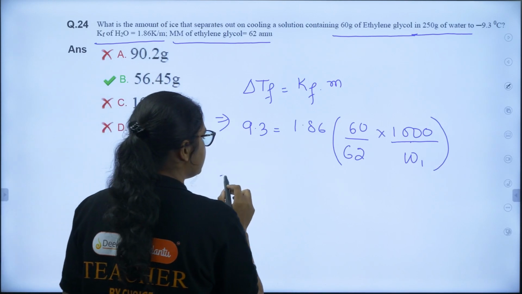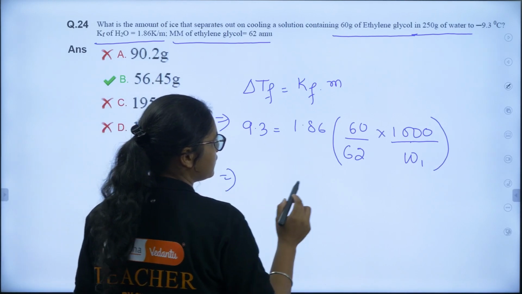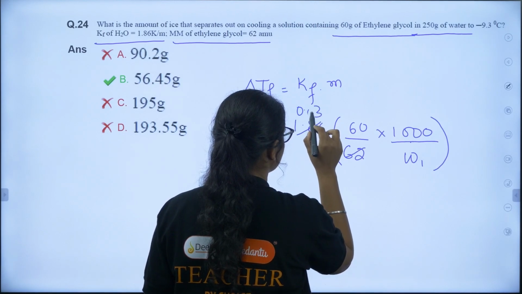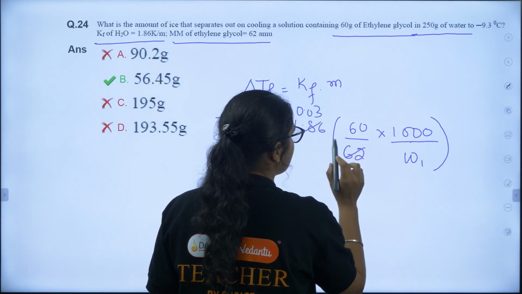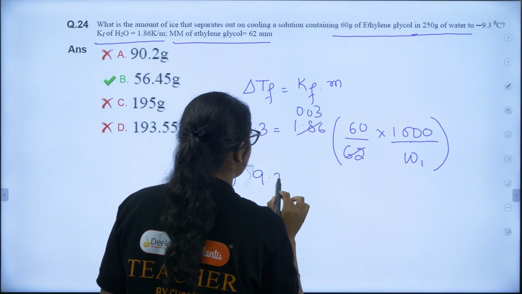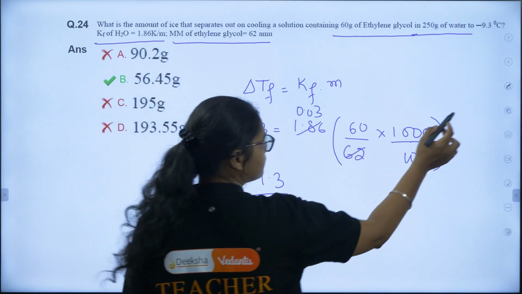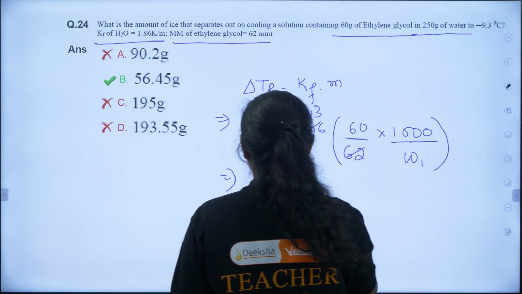So now if I calculate this, we have this one as 0.03, right? Now if we solve it, 9.3 divided by, we'll calculate W1 here. So I'll take this one this side.